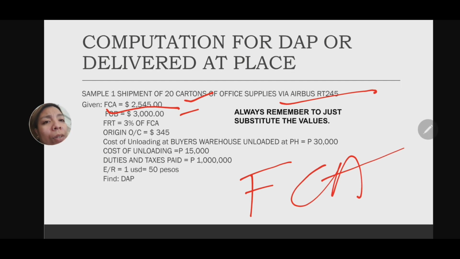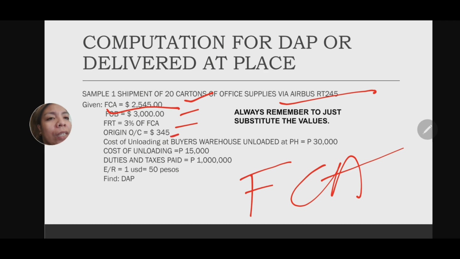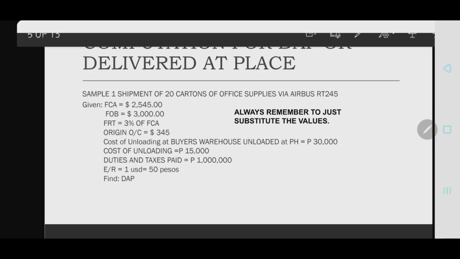Okay, and then there is a given freight which is 3% of the FCA. The origin other charges is 345. In this example, the given should be the cost of delivery at the buyer's warehouse, so that is just its other charges, which is 30,000 pesos.